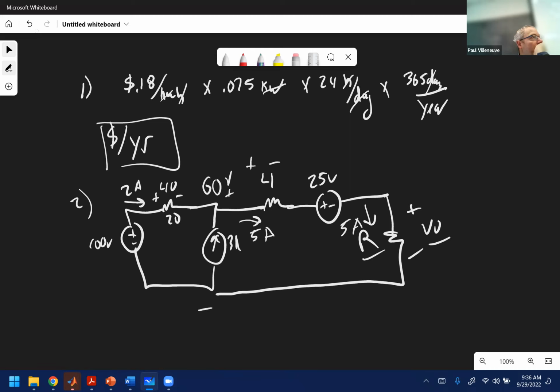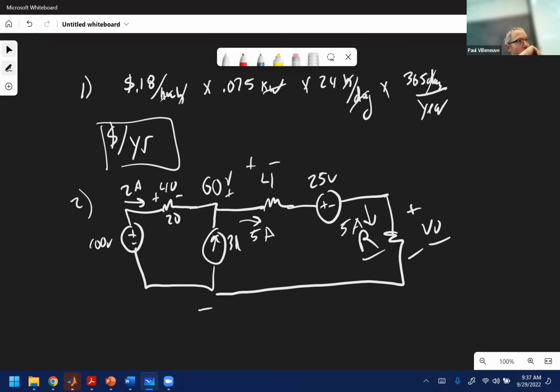Okay. Yeah, I was confused if that 2 amps is the actual 2 amps going through the resistor, because I overthought a lot. Like if I have to consider all other elements, like current flowing.